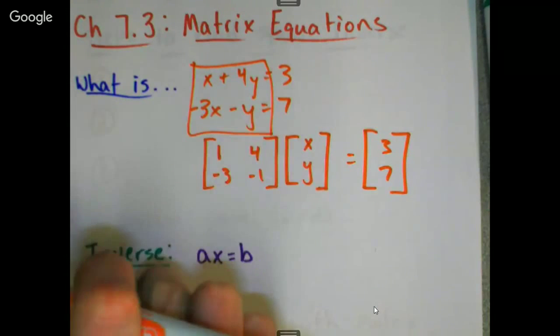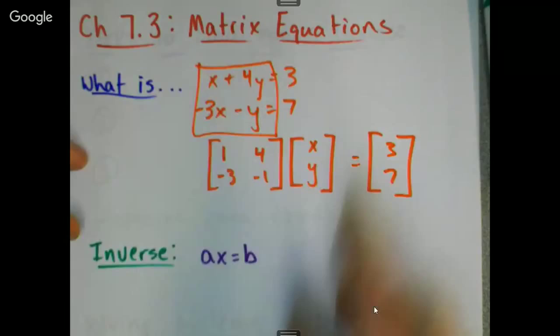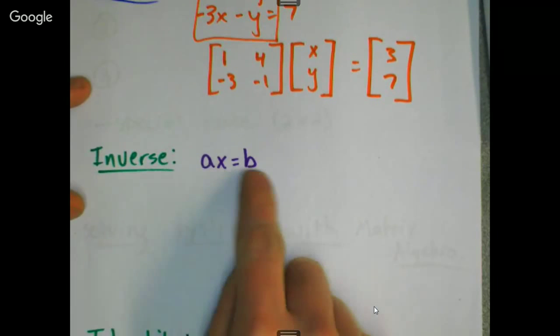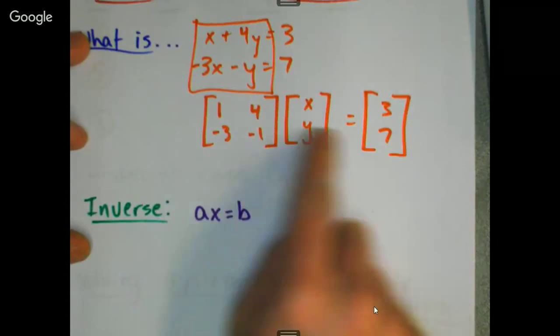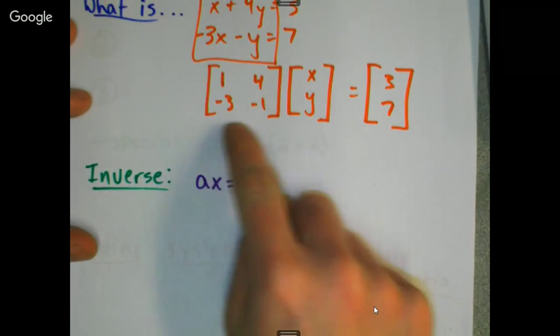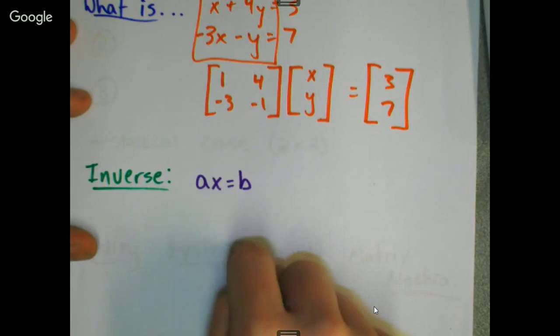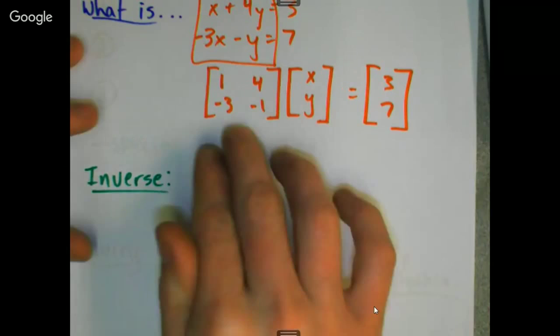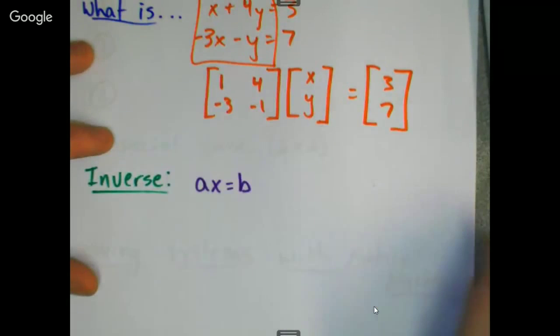And how we're going to do that is using the inverse. This is going to represent this equation right here. So I have ax equals b. Normally we'd just divide by a on both sides and we'd have x. But we have to understand that we can't just divide by a matrix.